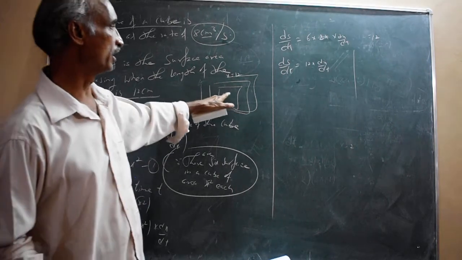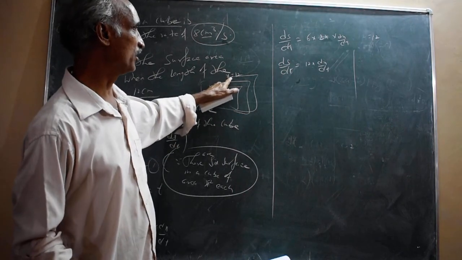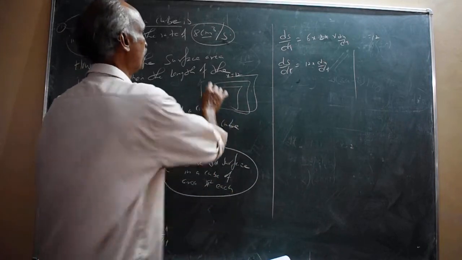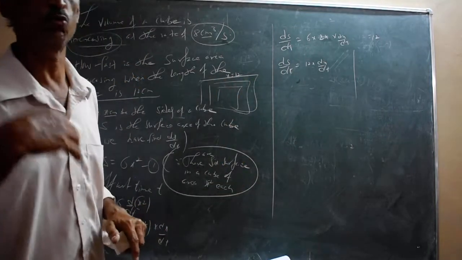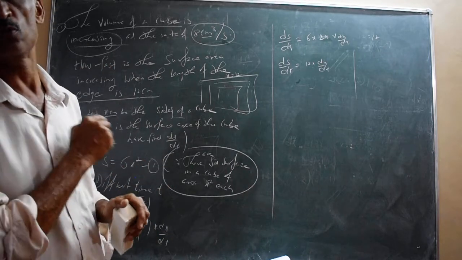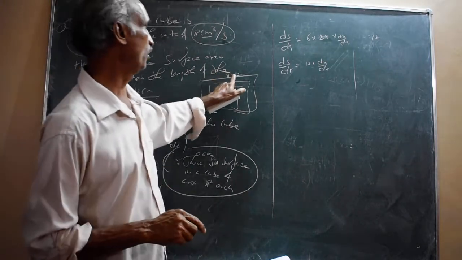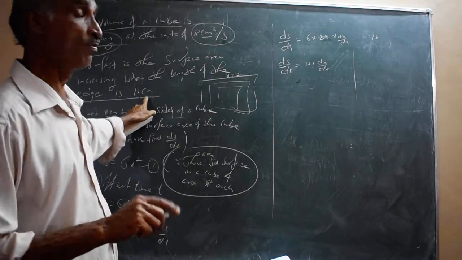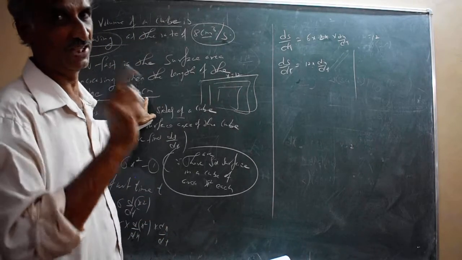It is under the increasing mode. When the side reaches 12 cm, in the next 1 second, how much is the change in the surface area of the cube is the question. Therefore, edge is 12 means it is not dx by dt, it is simply x.